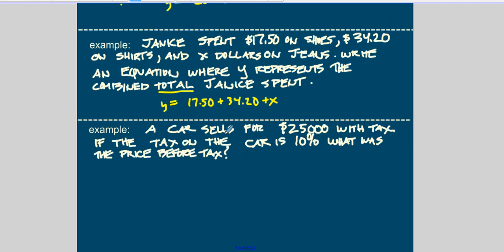Okay, last example. A car sells for $25,000 with tax. Taxes are tacked on. If the tax on the car is 10%, what is the price before tax? Okay, so this is with tax. So what we're doing here is we have the original price, that's the price before tax.